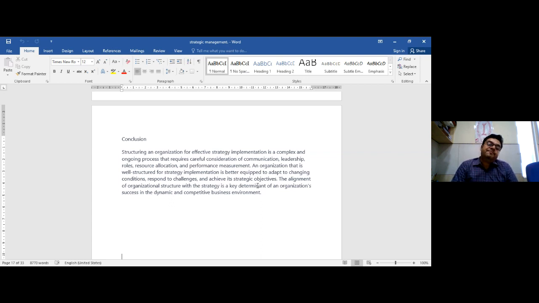The alignment of organizational structure with the strategy is a key determinant of an organization's success if it has to remain in a dynamic and competitive business environment ahead of others.